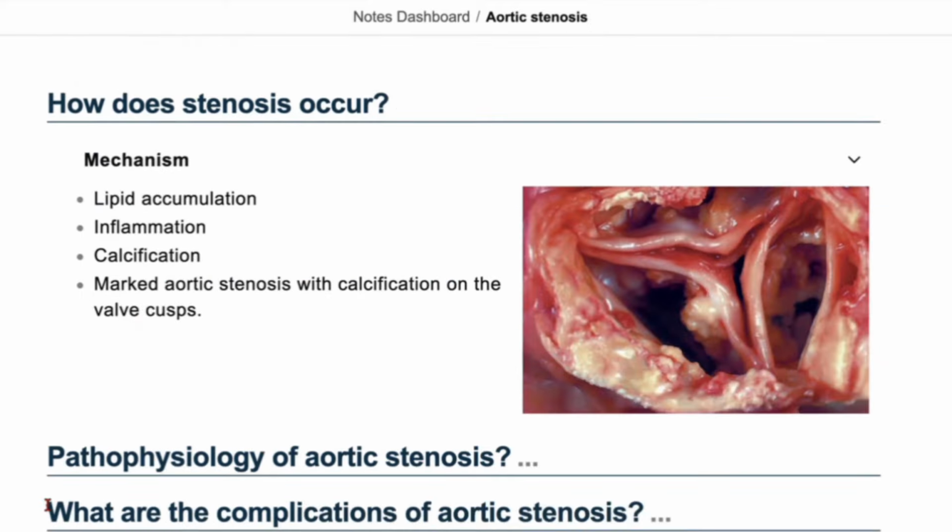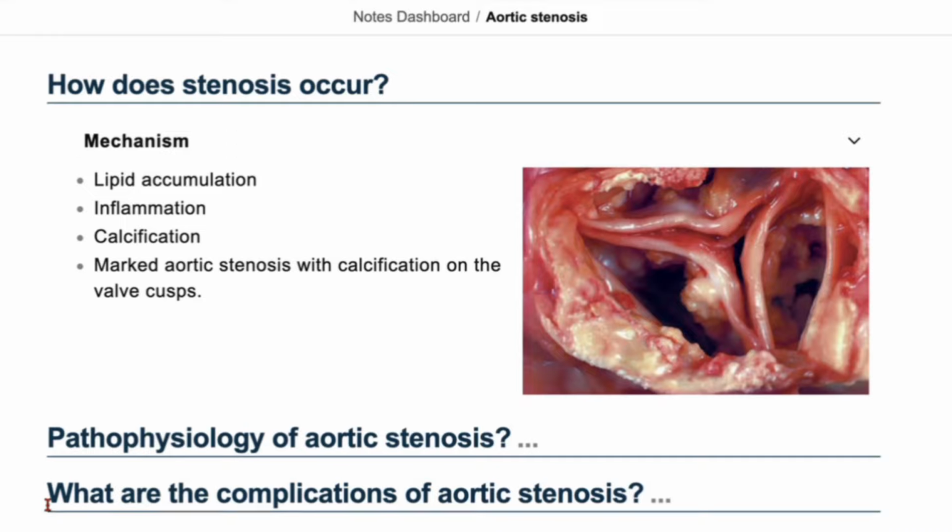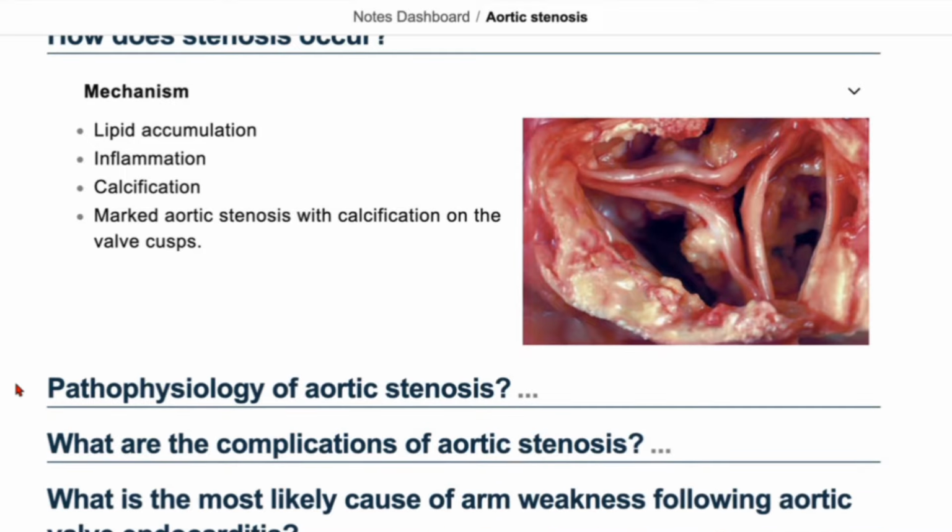Right, and what's the pathophysiology of aortic stenosis, or the pathophysiological sequelae? So the first thing that would happen is that you would get left ventricular hypertrophy. This is because the left ventricular resistance increases. And because of that, you get an increase in afterload because there's lack of blood leaving the left ventricle into the aorta. Therefore, the volume of blood increases in the left ventricle after systole, and you subsequently get left ventricular hypertrophy.